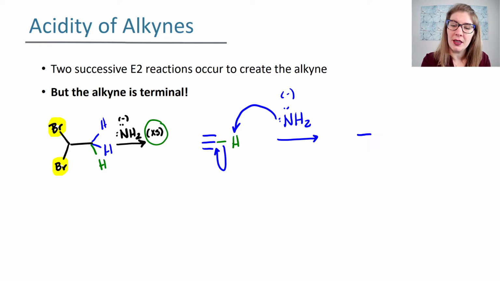And what you end up with at the end is an alkynide ion. Once you have that alkynide ion, you have two choices. You can either go through alkylation, like we saw in a prior video, or you can add water so that you can protonate that carbon that's negative. So let's add water so that we can go through the protonation step.